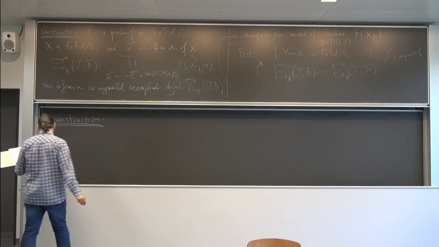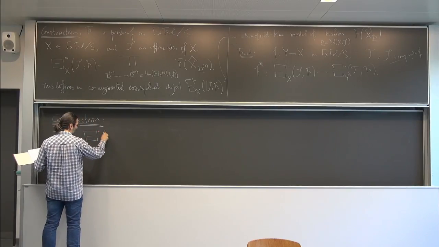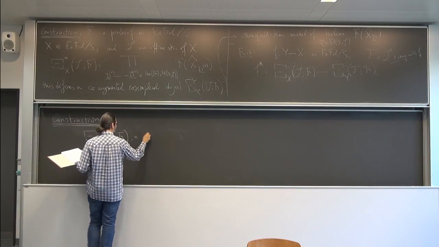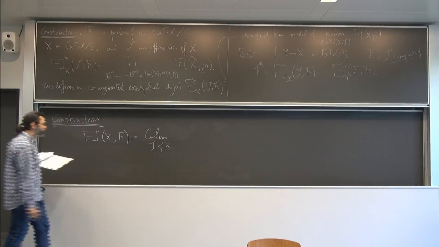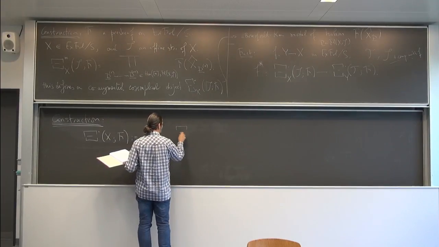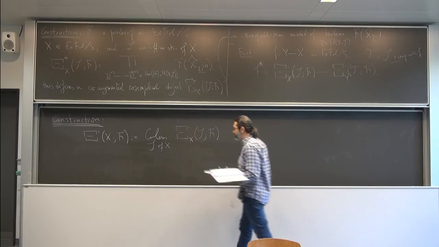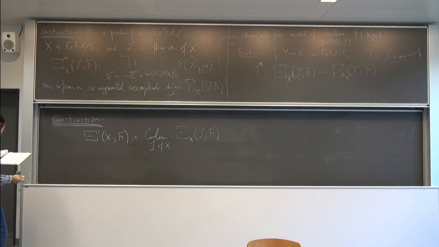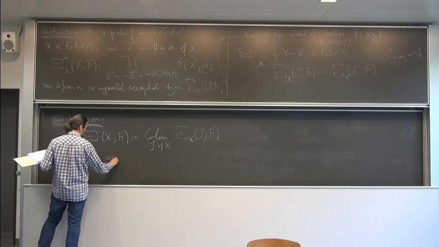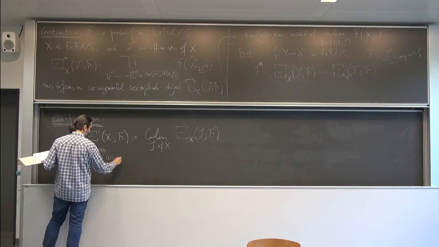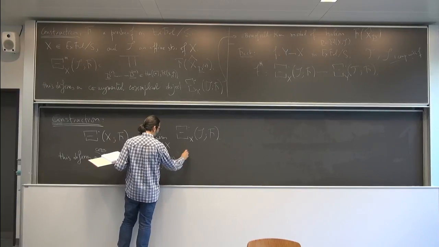So let's keep the same assumption as before, and let's now define x dot x f to be the colimit over all stratifications of x, which are affine stratifications of x, of these complexes. Okay, so this makes sense. And because of the previous fact, this defines a co-augmented co-simplicial pre-sheaf on excellent formation.